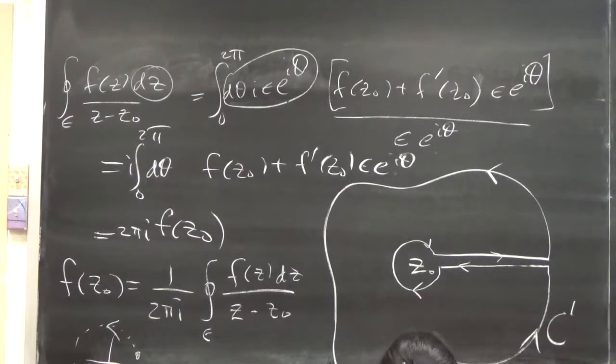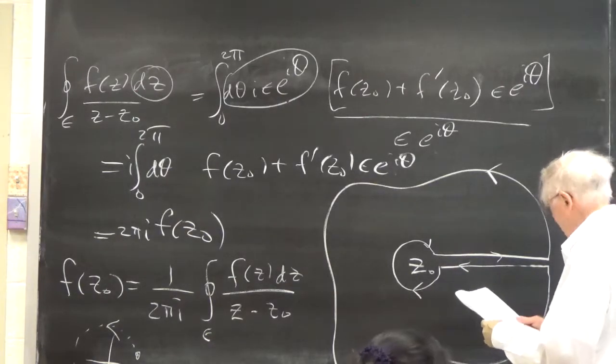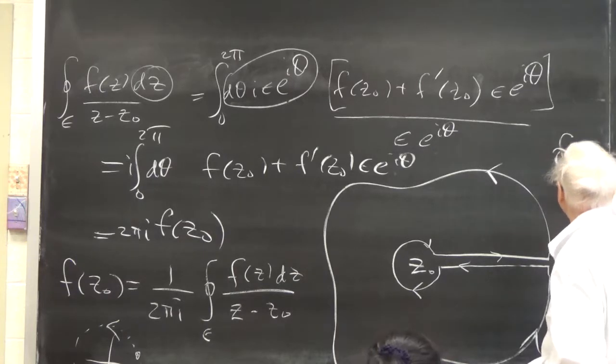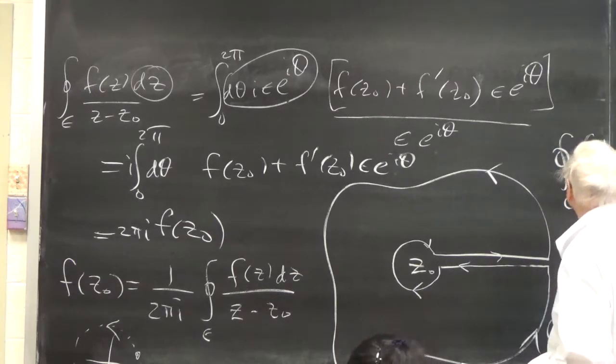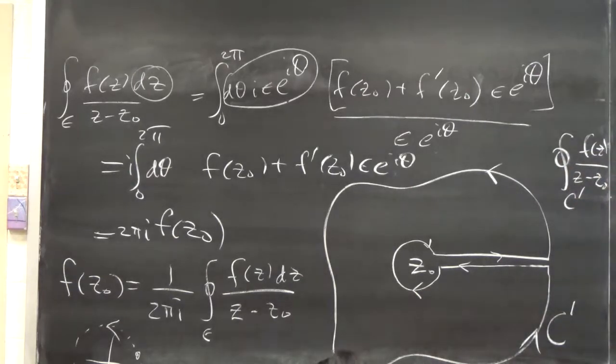And what are we integrating? Around C prime, it's f of z dz over z minus z0. That's what we're integrating.